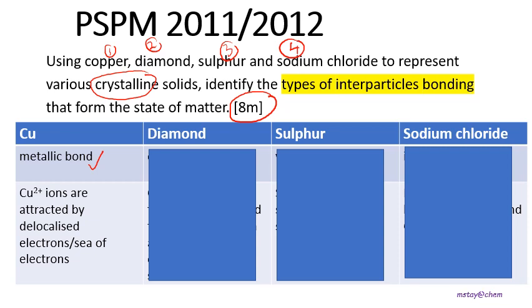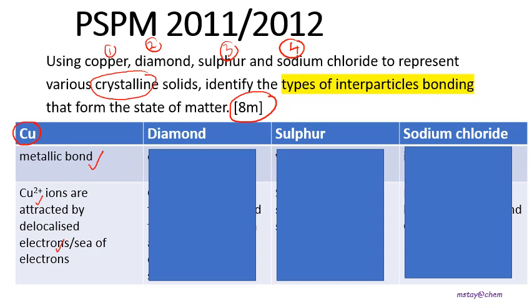So in other words, we have to briefly describe what you understand about the metallic bond based on the substance given. For example, the question gives us copper, so we are going to mention that copper(II) ions are attracted by the delocalized electrons. So we need to be more specific based on the question.